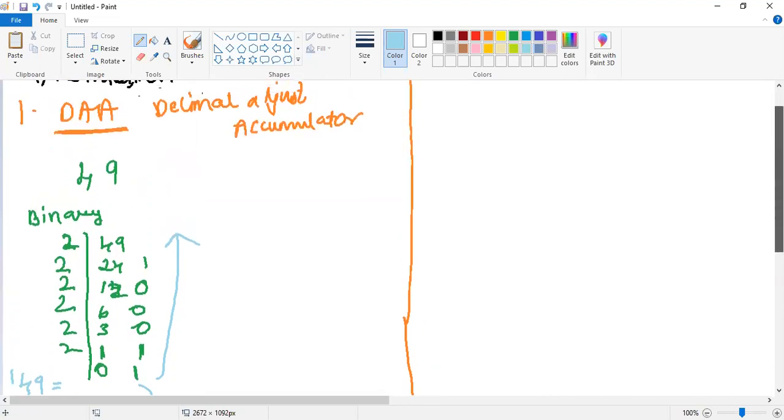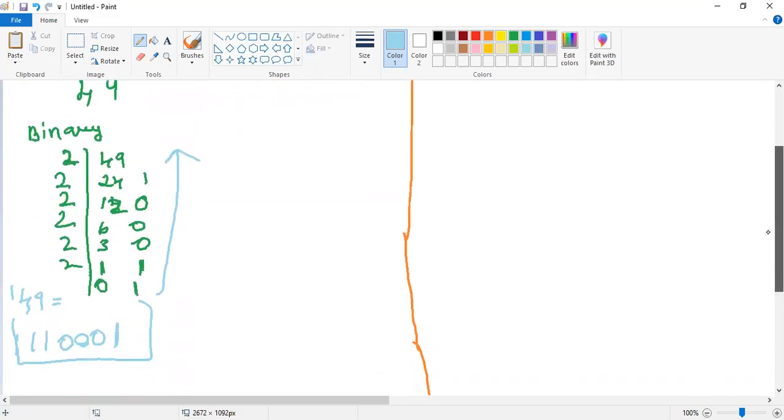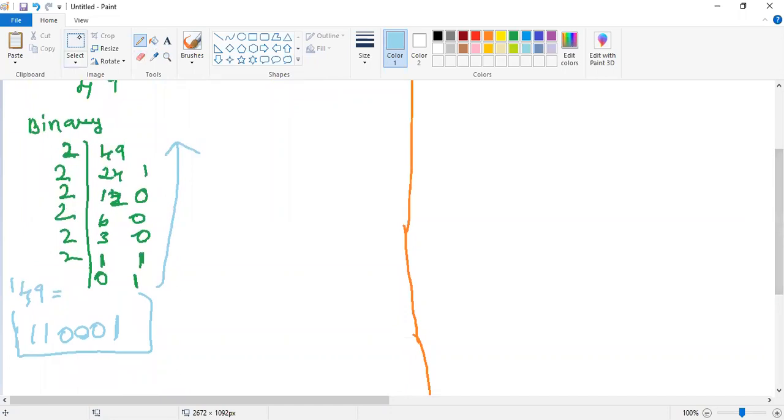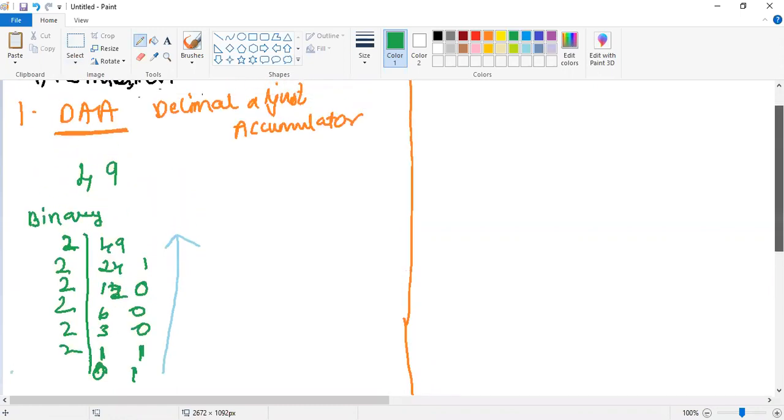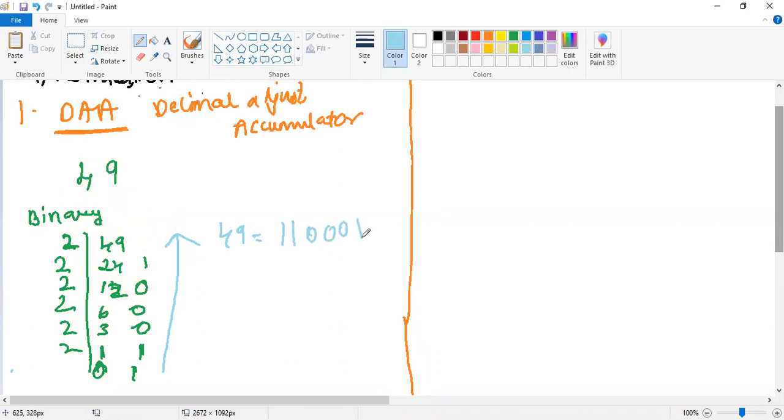Now in your BCD, it will not be visible in a single screen, so I will write here. 49 in binary is 1 1 0 0 0 1.